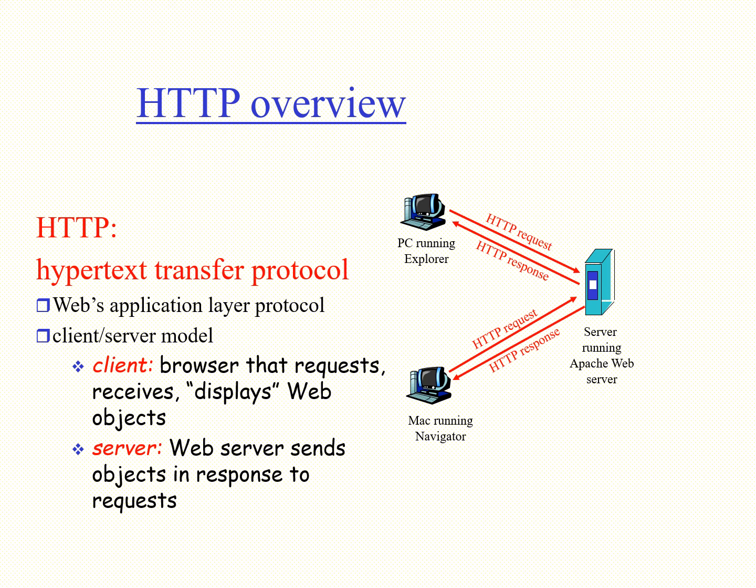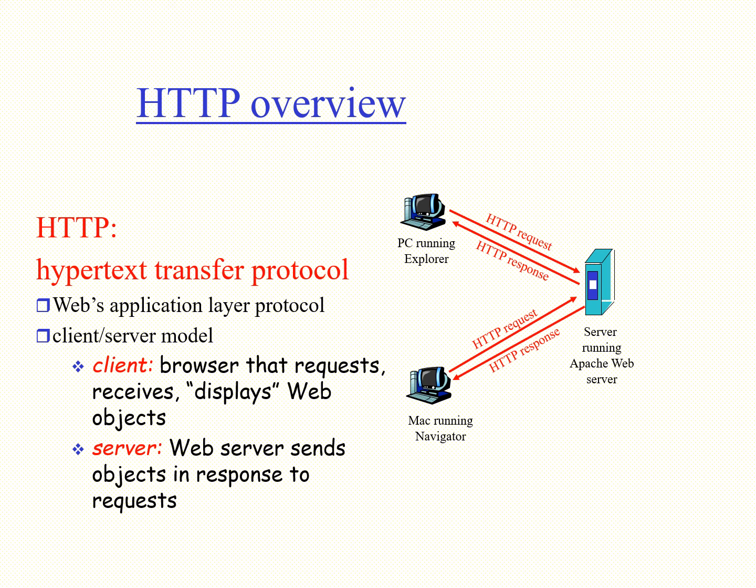So here in this diagram we can see that a PC is running Explorer and a Mac OS is running the Navigator. So this PC has Internet Explorer and this one has Navigator. This browser is requesting data from the web server, and that request is passed from Explorer to the server as an HTTP request.